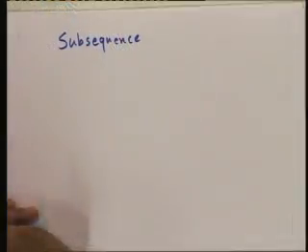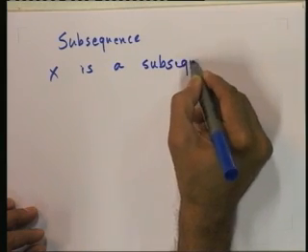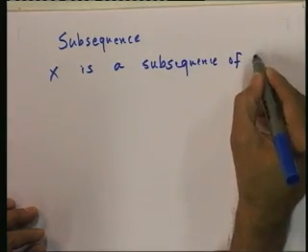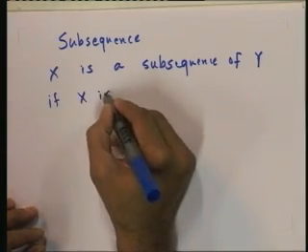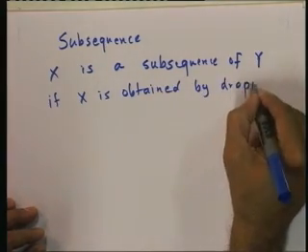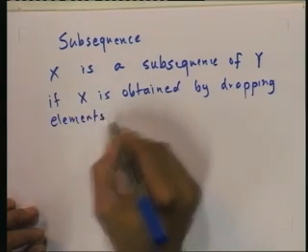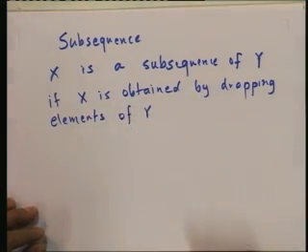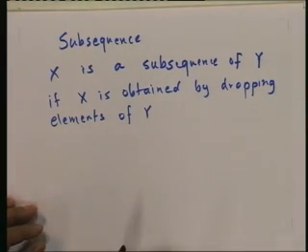Let me define what a subsequence is. We will say that X is a subsequence of Y if X is obtained by dropping elements of Y. And of course, the remaining elements which we did not drop should be kept in the same order.